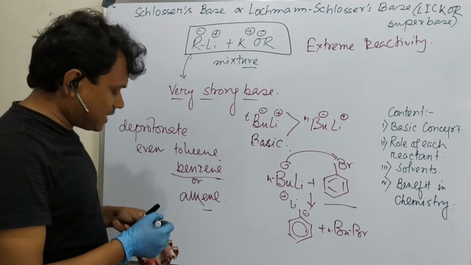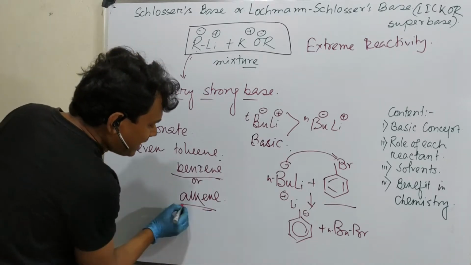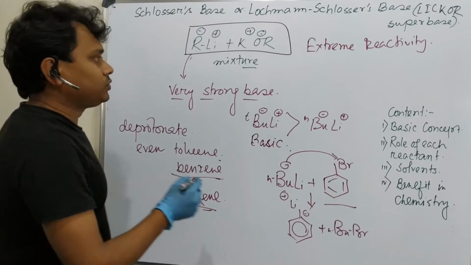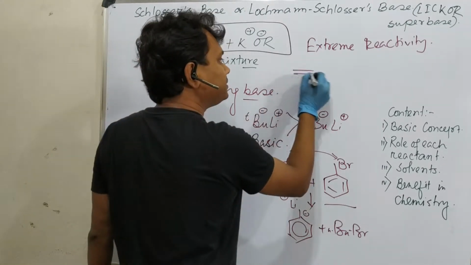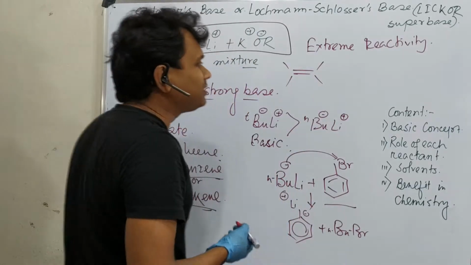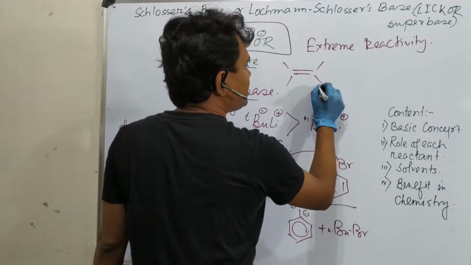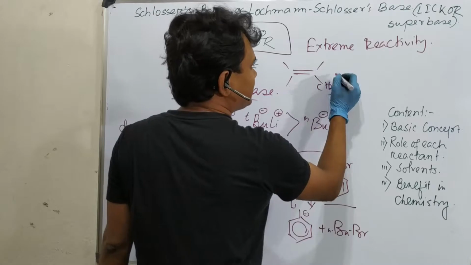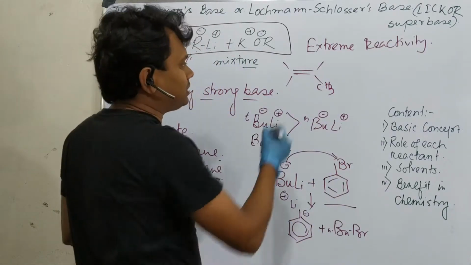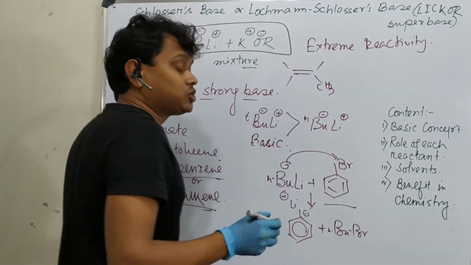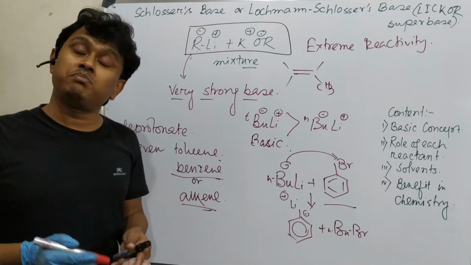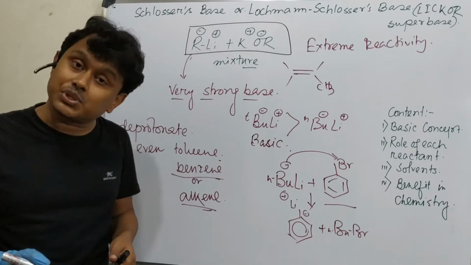So this is the advantage. Now, why alkene? Normally if you take an alkene, say for example this is CH3, and put butyl lithium, many things are possible. Even addition on the double bond is possible, which is one of the basic concepts for butyl lithium mediated anionic polymerization.